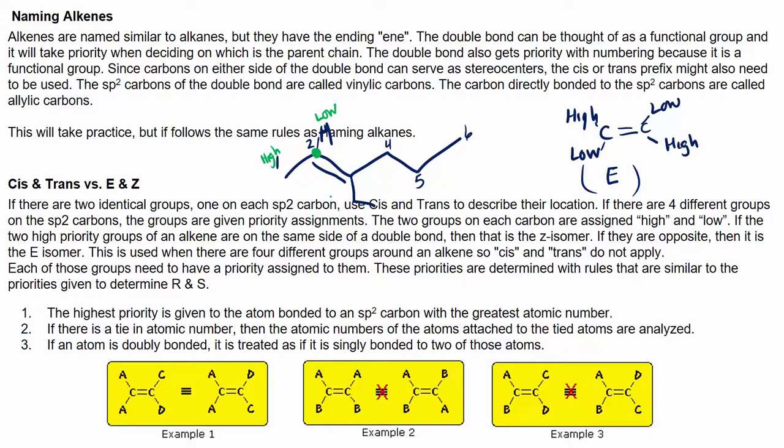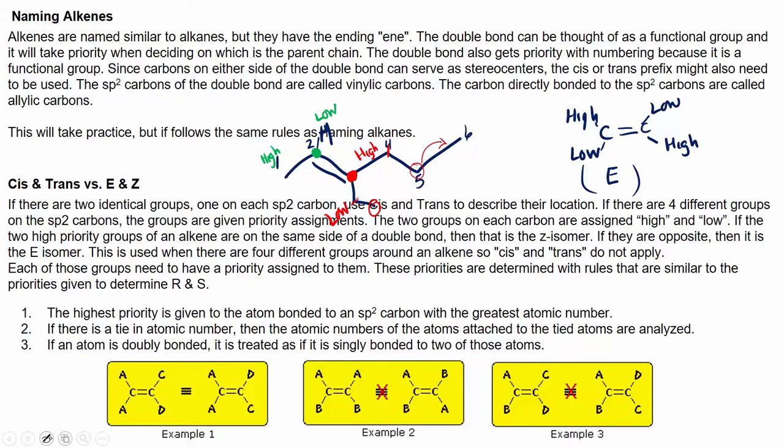So if I change my color, let's make it red. So for the red carbon, then, here I have a CH2, here I have a CH2, so far we're the same. Here I have a CH3, here I have a CH2, but it's bonded to another carbon. So this is going to be the high, and this is going to be the low.